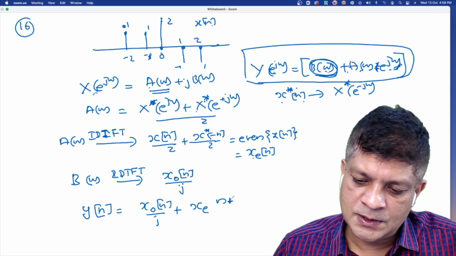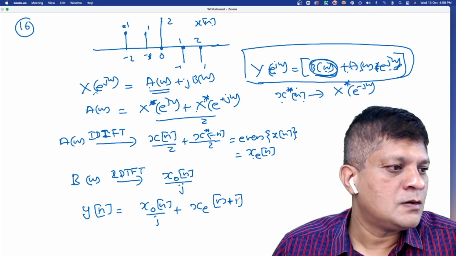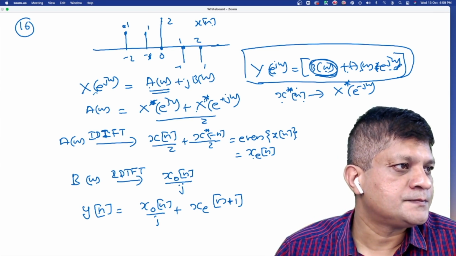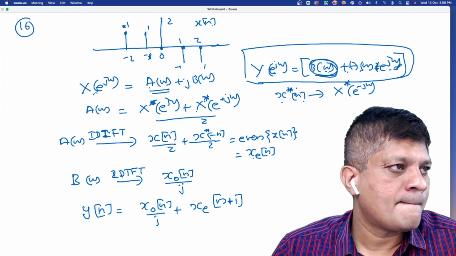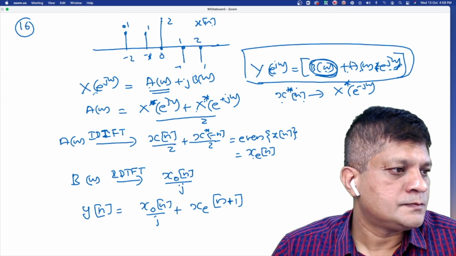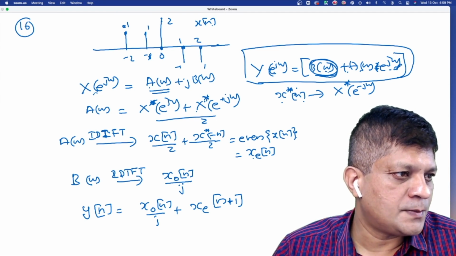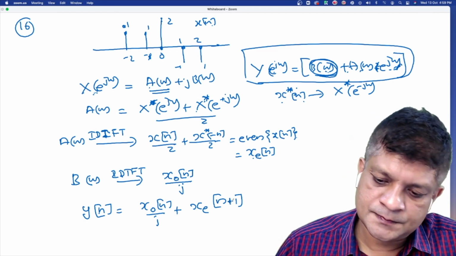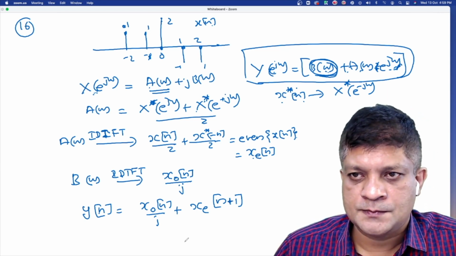Is it n plus or minus 1? What is the property? x[n - n0] corresponds to e^{-jωn0}, so it is plus: xe[n + 1].